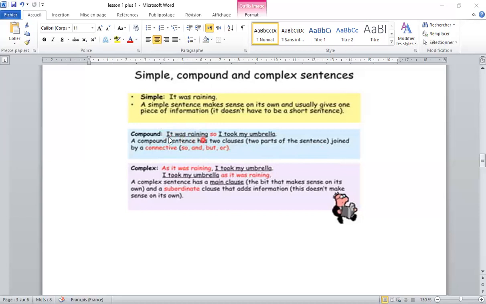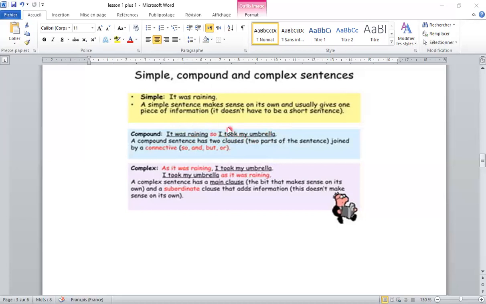1, 2, 3. It was raining, 3 words. Then I took my umbrella. I 1, took 2, my possessive adjective 3, umbrella object is 4. So it was raining is one sentence, which means one clause, which means one part. I took my umbrella, it is a sentence, which means one clause or another part of the sentence. So how many parts are there? 2 parts.